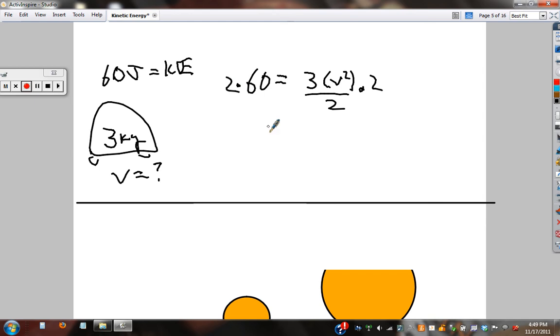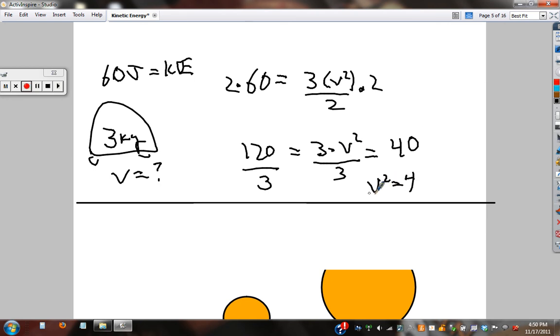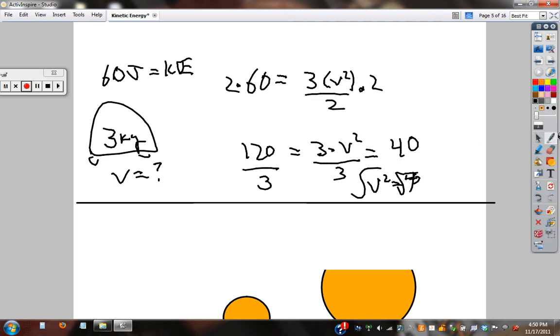Times 2: 120 equals 3 times V squared. Divide by 3: 120 divided by 3 is 40. V squared equals 40. And then root 40 is, I don't know, 6 point something. And that's your answer, and that's your basic and proficient question.